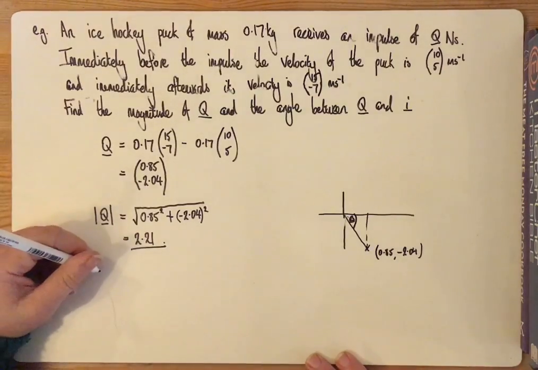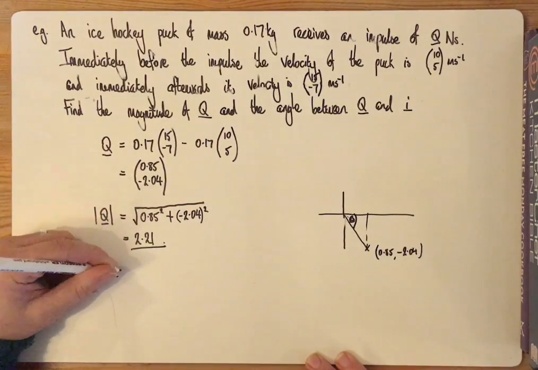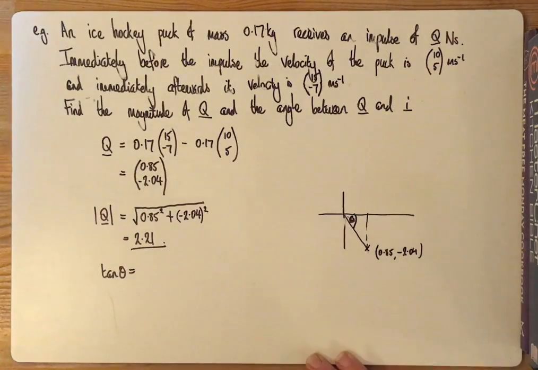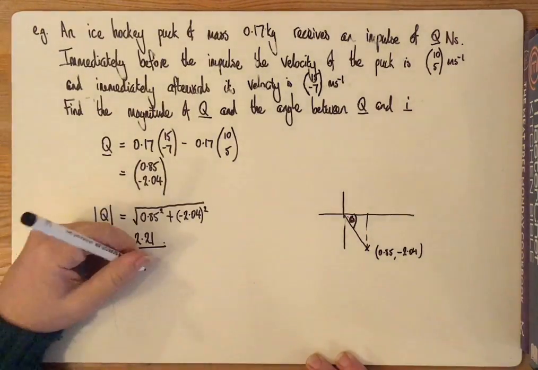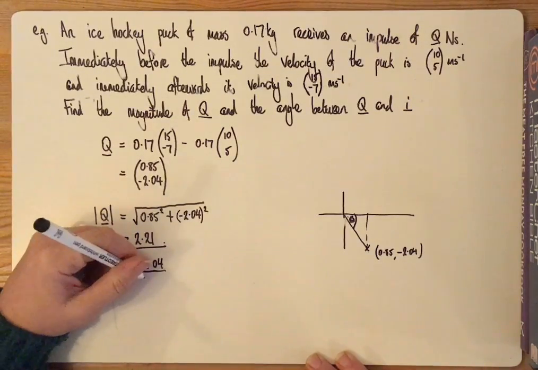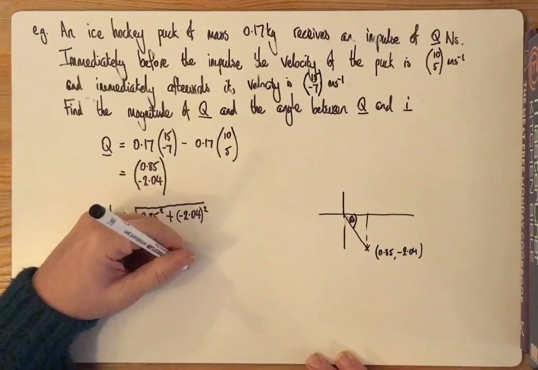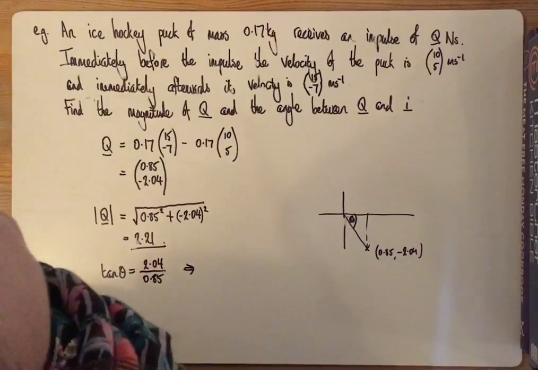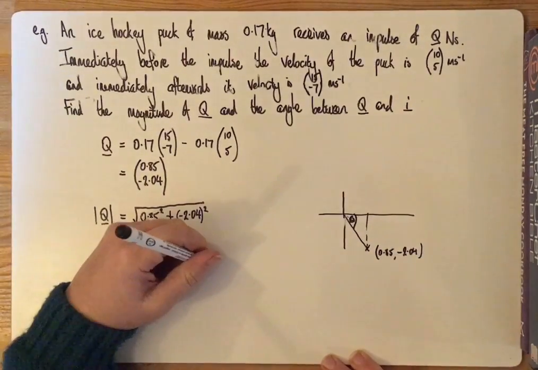And so tan theta is equal to opposite, which is 2.04, over adjacent, 0.85. And then theta is arctan of that, and you end up with 67.4 degrees.